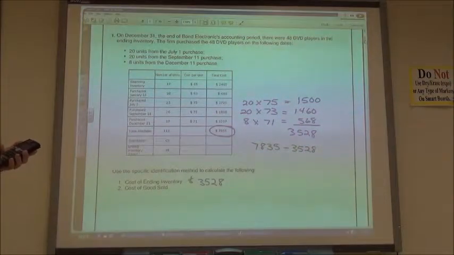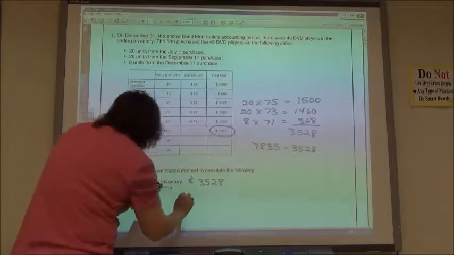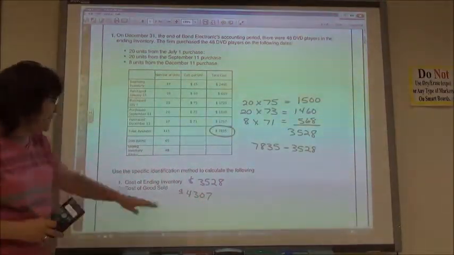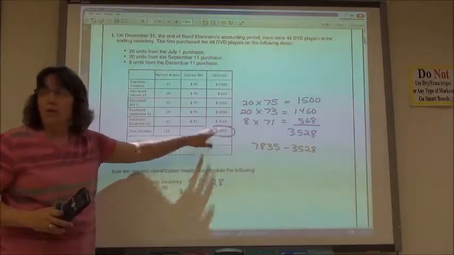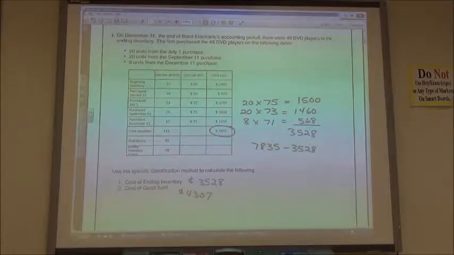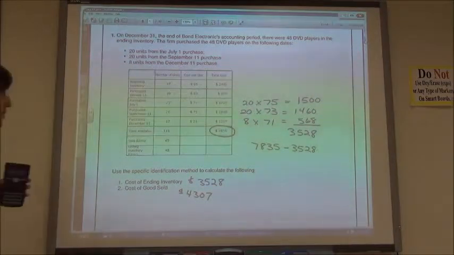So if I subtract 78.35 minus my 35.28, the amount of stuff that I sold, $4,307. So if you added those two together, you should get the total cost that you had for that time period. Year, I guess they did that for.